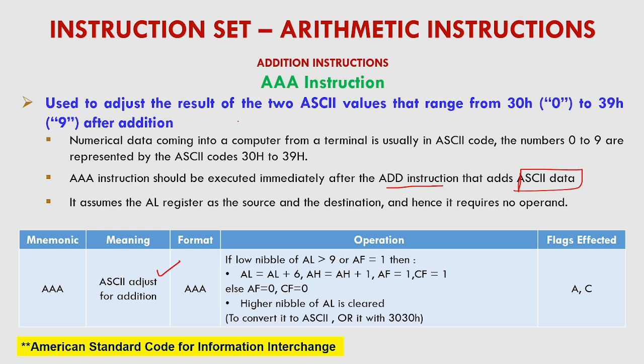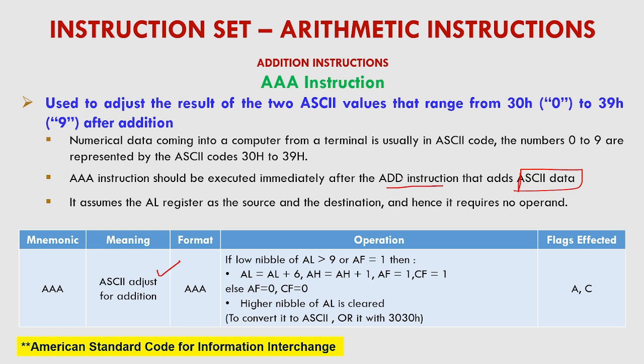The next thing is, it is used to adjust the result of two ASCII values that range from 30 to 39H after addition. So that's what I said. This instruction will be used immediately after the ADD instruction when operands are ASCII values. It ensures that the result is a valid unpacked decimal number.